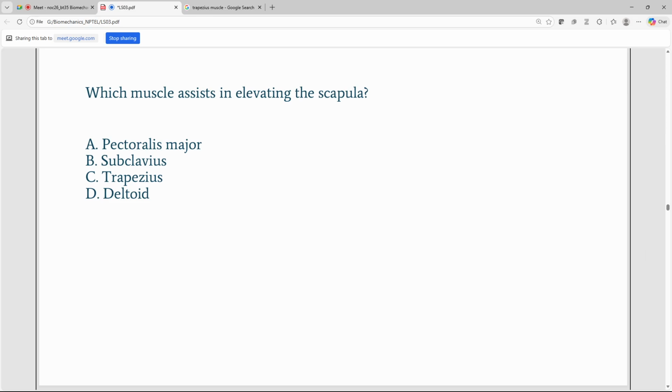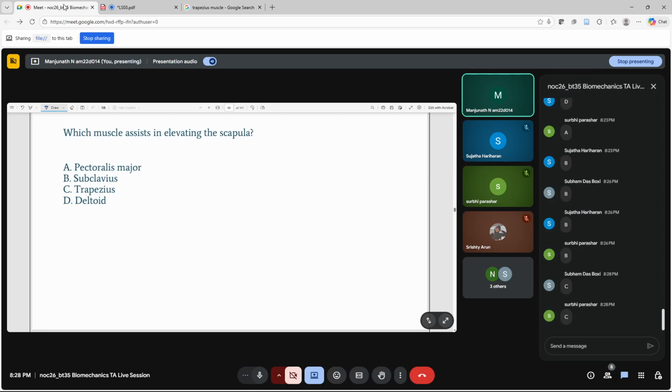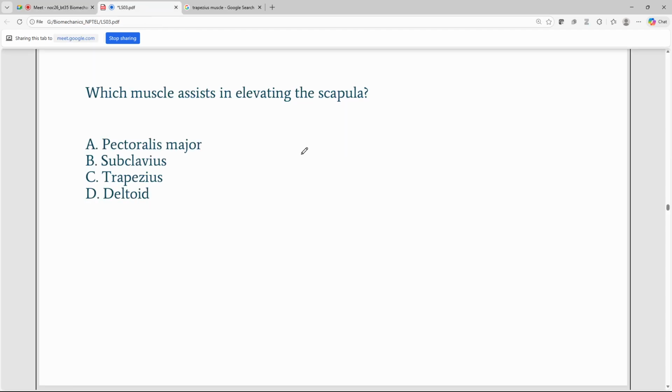So the question is, which muscle assists in elevating the scapula? Yes, the answer is option C, trapezius.